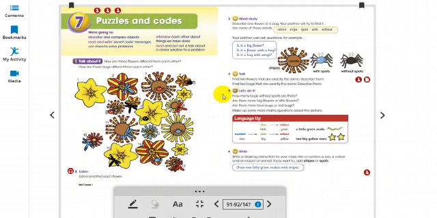There are different bugs, like we have the beetle, we have the spider, and so on. We have different colors of flowers with different shapes and different sizes, isn't it? We understand that it has different colors, different shapes and different sizes.